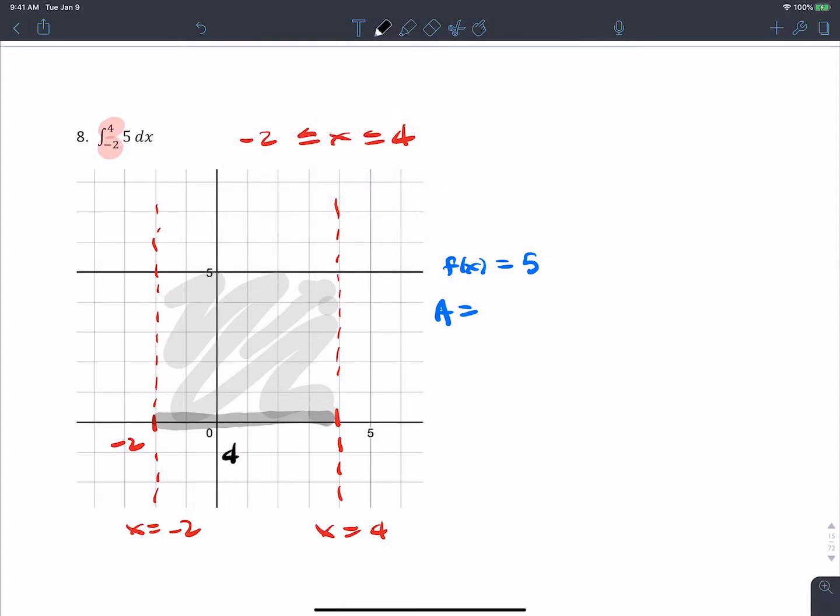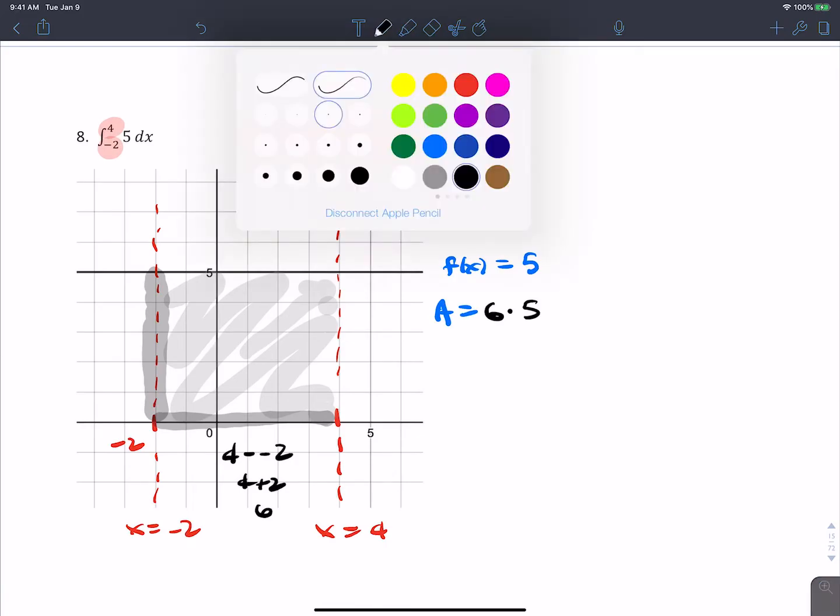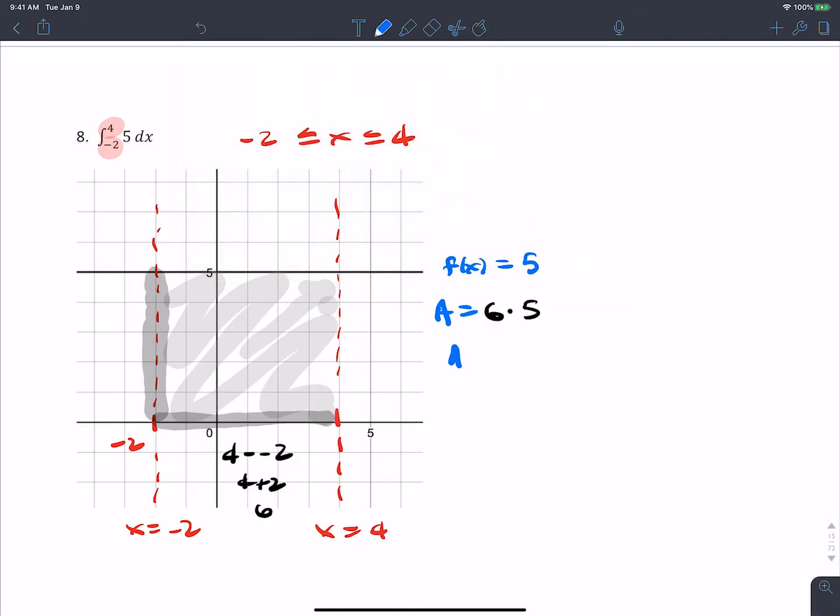Yeah, you guys are okay with that, right? 4 minus a negative 2. 4 plus 2 is what? 6. 6 times 5, because this dimension here, if you guys want to find this dimension, right, your width is 5. So the area here will be 6 times 5, which gives you what? Right, is that 30? Okay. 6 times 5. So just so we know that area.